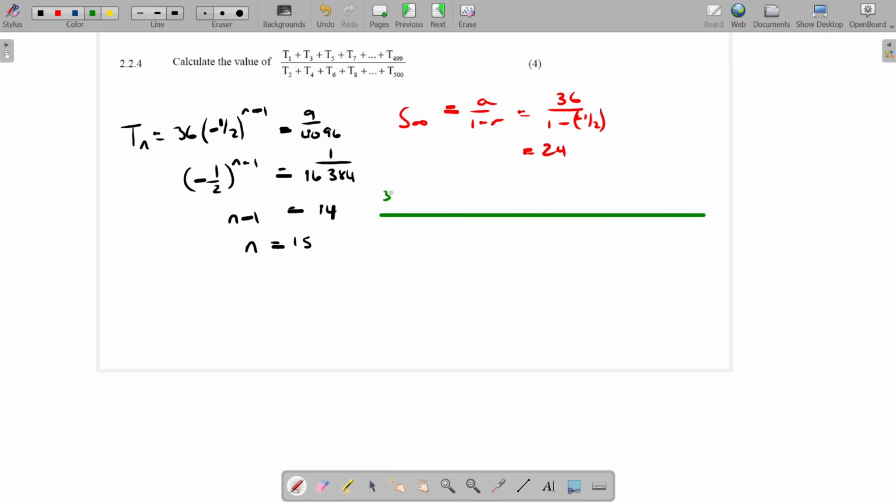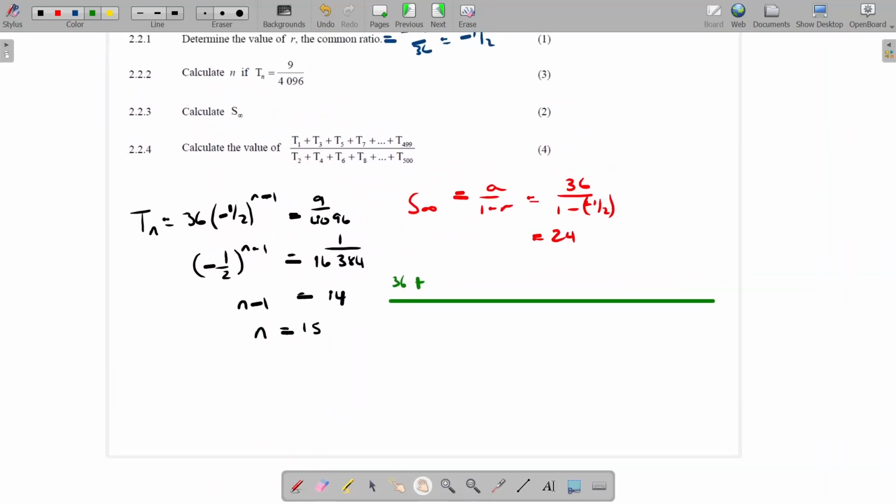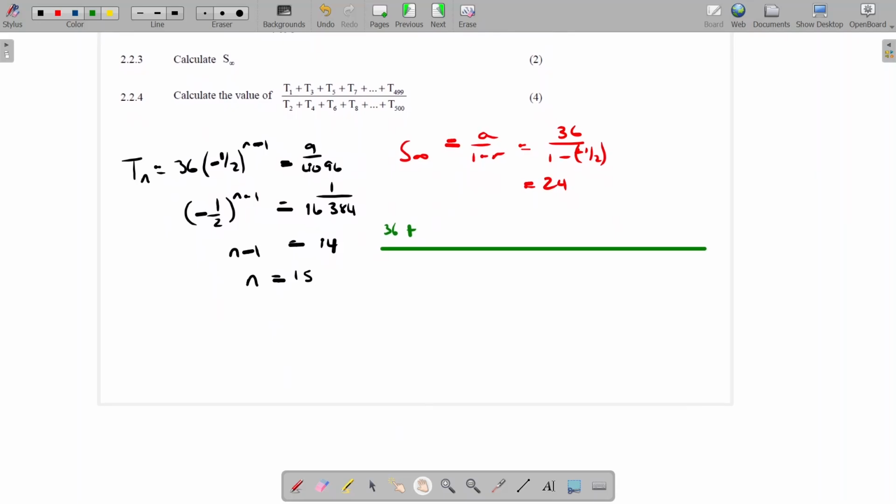So 36 was the first term. The second term was -18. The third term was 9.